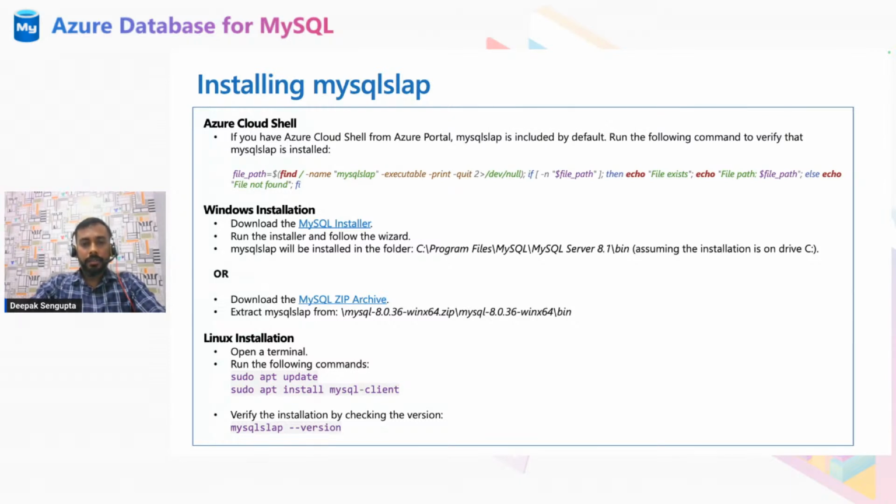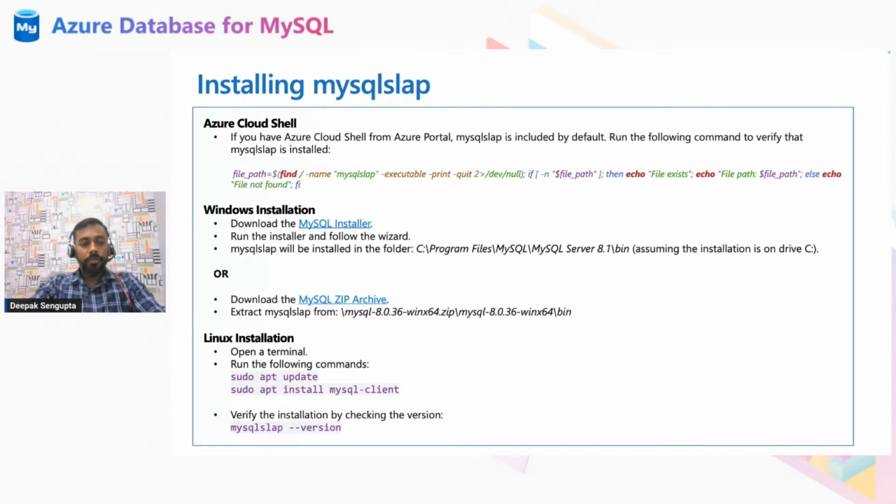Now for Linux, we have a set of commands, I would say, which install the MySQL client package. In Linux, the MySQL slap utility is part of the MySQL client package.